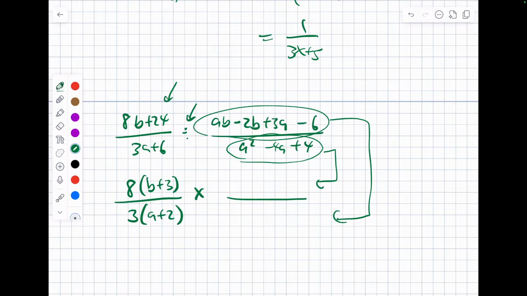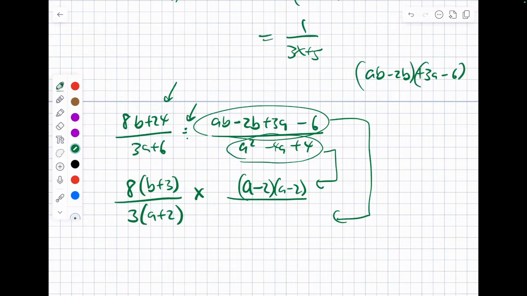So I just factor that. This one is going to go to the top. So it's going to be a minus 2 times a minus 2 if I use a box. This one doesn't have to use a box. You can visualize the box inside your head. Now, this one needs a little bit of work because it's factor by grouping.